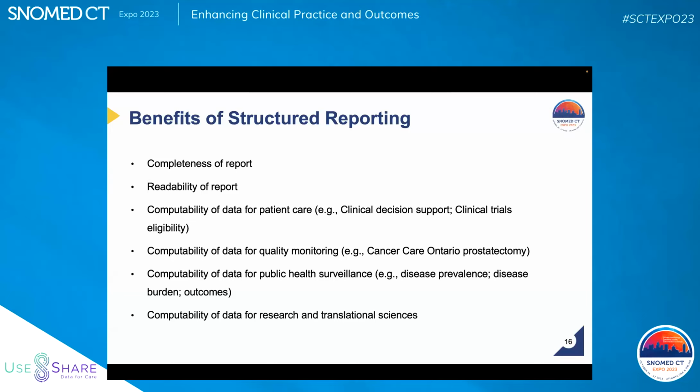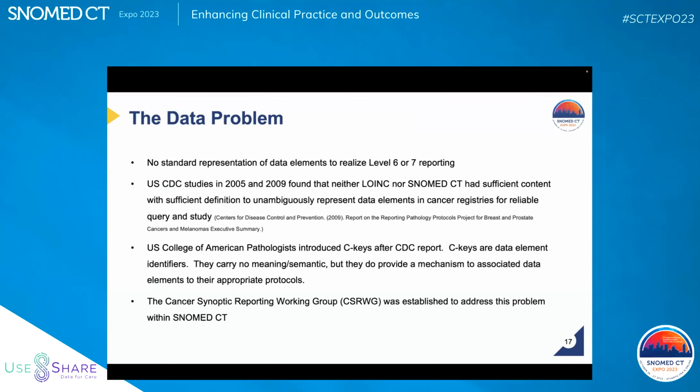Our researchers can find things immediately. We're not waiting a year and a half to get that information, which is about a year and a half to 2 years for a case to show up in the U.S. registries right now. We don't want to see that. And it makes our data available for research and translational sciences.